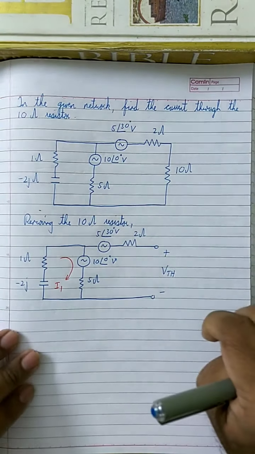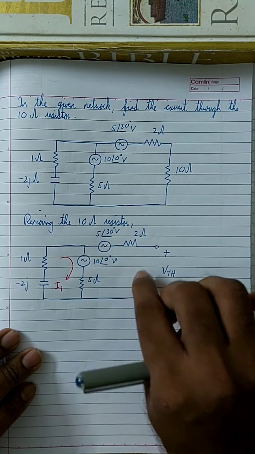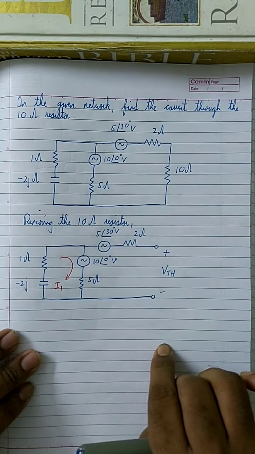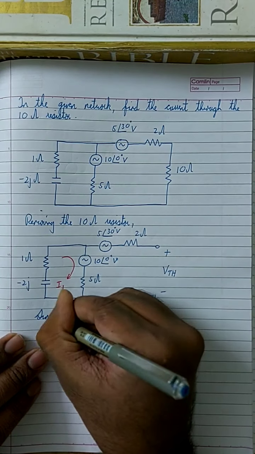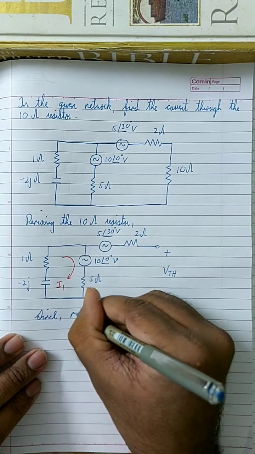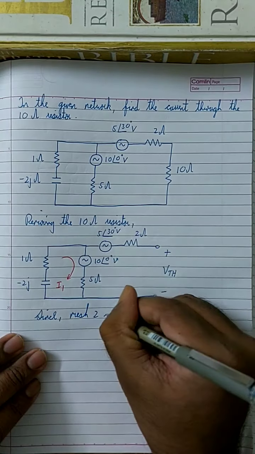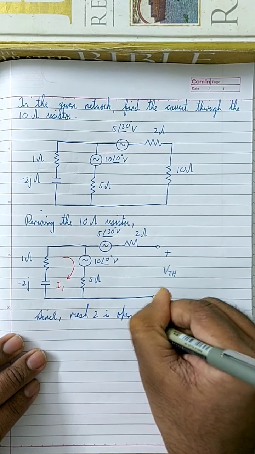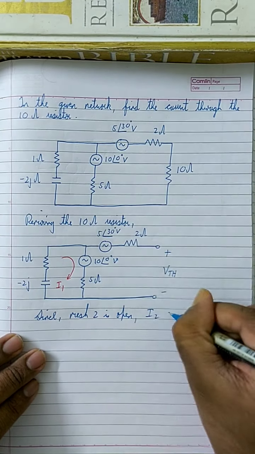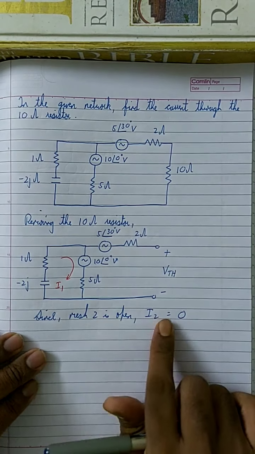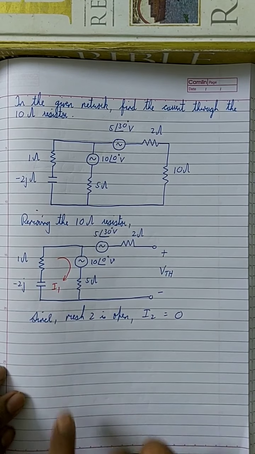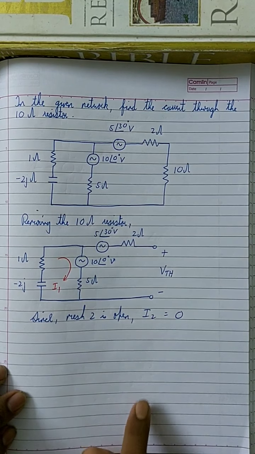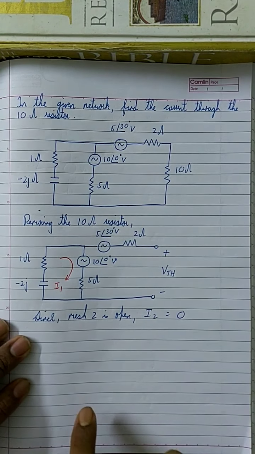I'll write the statement that since mesh 2 is open, I2 is equal to 0. This reminds me to substitute 0 wherever I see I2 after applying mesh analysis.